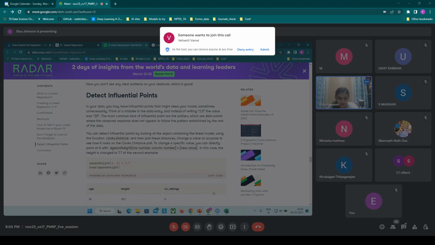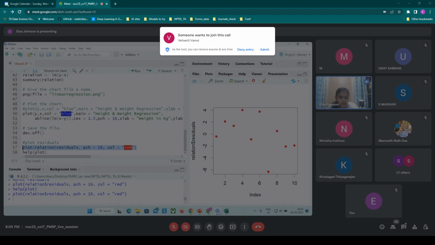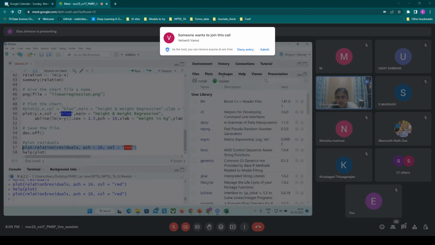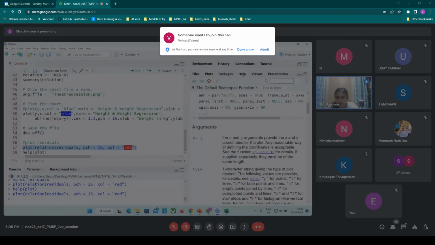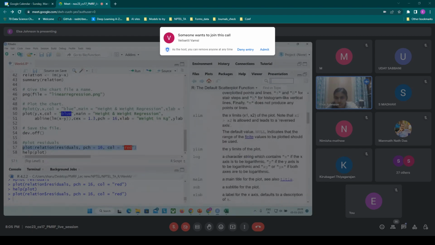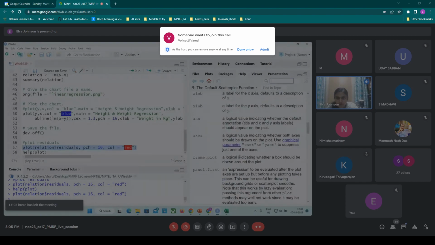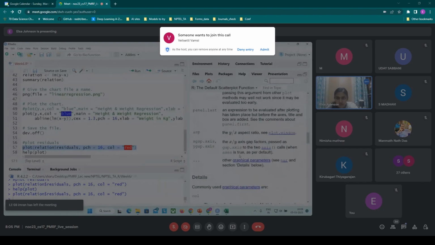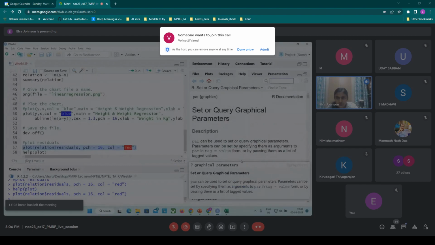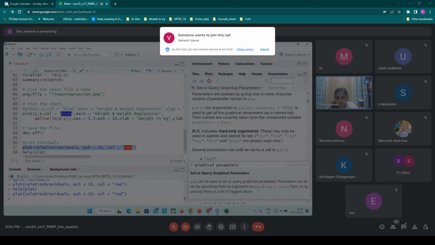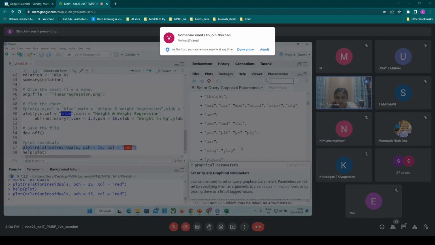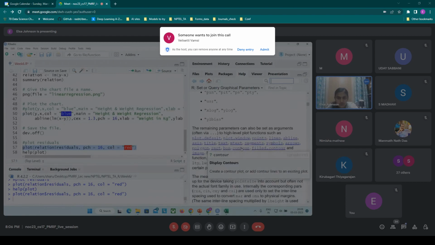Now, one person had asked about this. For that you can just look at the help, for all the things in the plots and other graphical parameters.